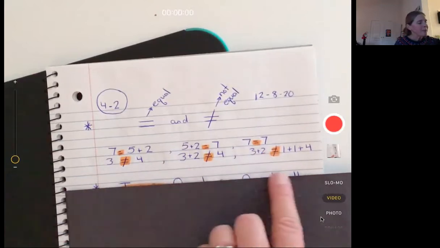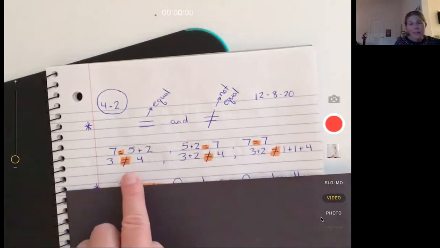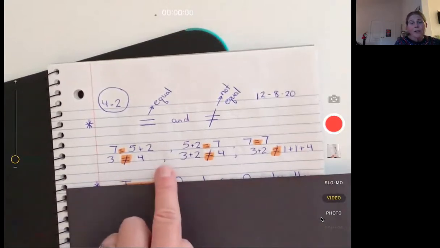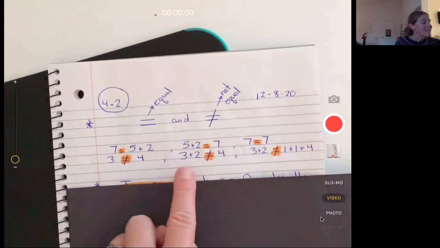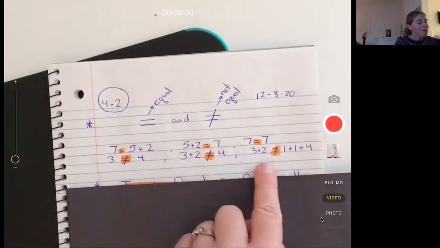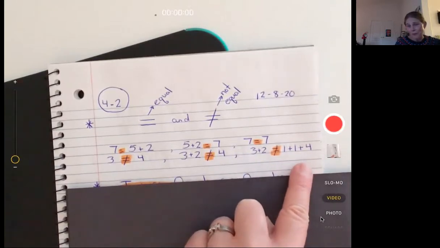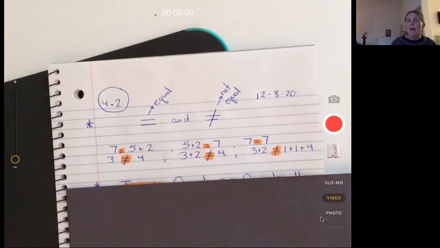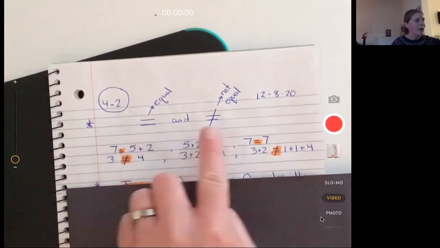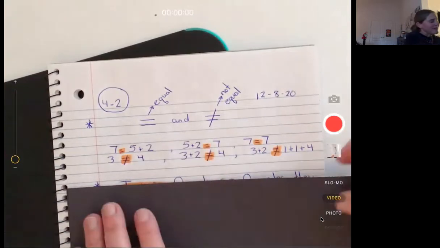And then some examples using not equals. 3 is not equal to 4. 3 plus 2 is not equal to 4. 3 plus 2 is not equal to 1 plus 1 plus 4. So just some ways that we're using and plugging in our equal and not equal sign. Okay, so keep that in mind.